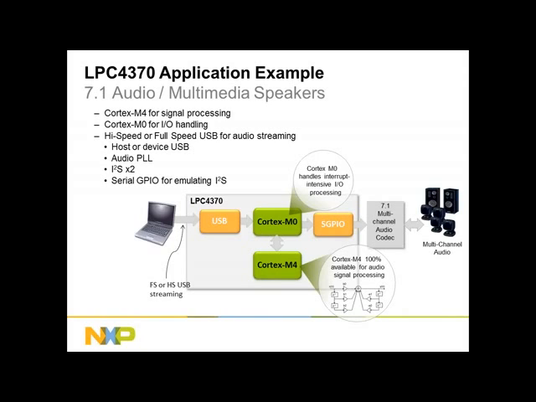So anyway, that makes it very good for signal processing, which in this example you'd be doing some kind of virtualization of your 2 channels to 7.1 audio, and then of course from there, serial GPIO can be multiple I2S pumping out to audio. Now, I'll be honest, this is probably not a 4370 application unless you're using the ADC or the extra M0 for something else in parallel. You'd probably use a 4320, which would be a smaller package, probably slightly less cost. But it's an example of what you can do with the 4300 family.